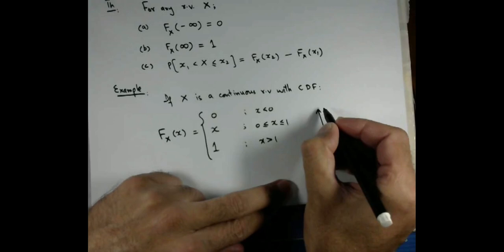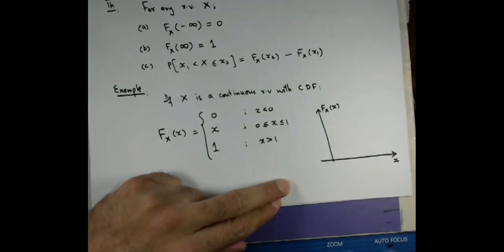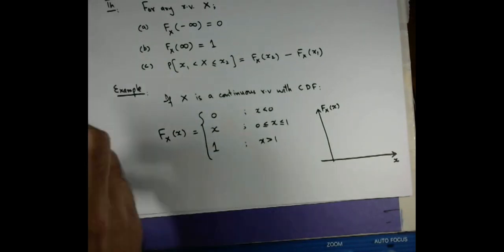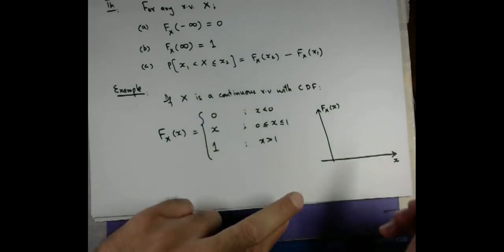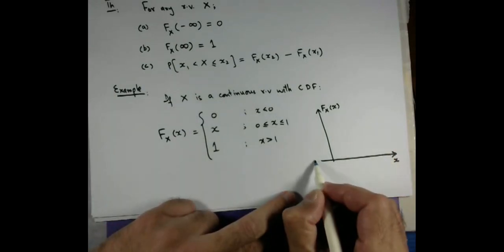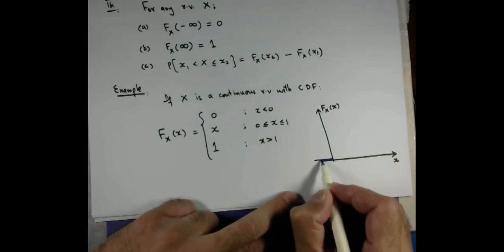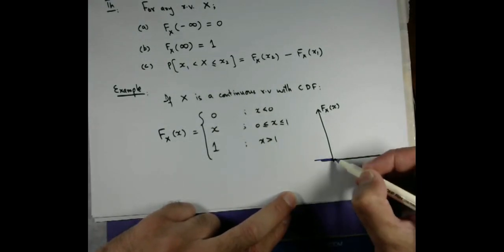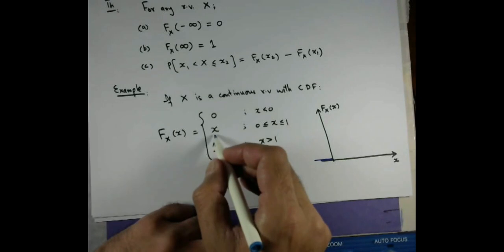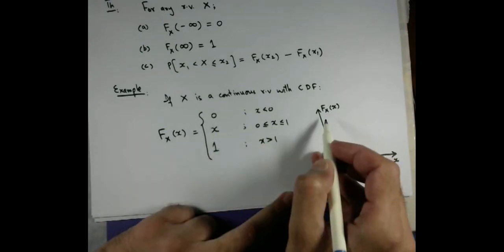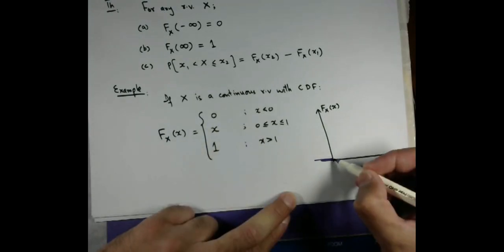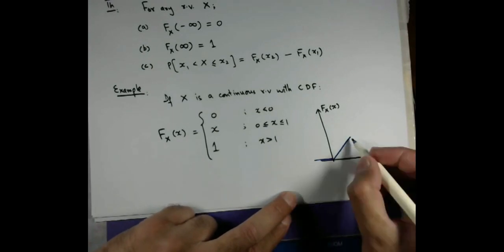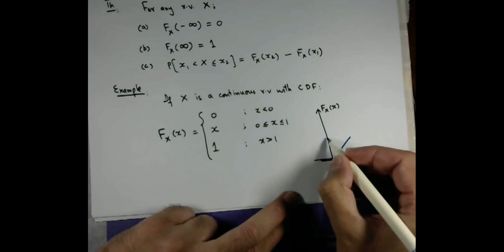This is x, this is the probability axis of the CDF, and you see the plot starts from minus infinity and it shall stay 0 till it reaches a value of x0, and then it shall take a rise in this fashion, which means F of x, which is the y-axis now, so y is equal to x, which means a straight line with a slope of 45 degrees till it reaches a value 1.